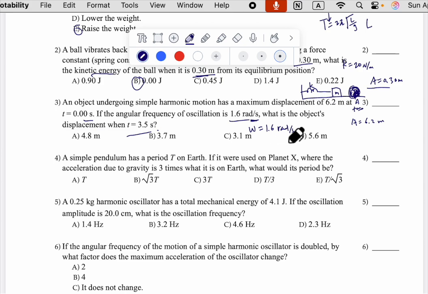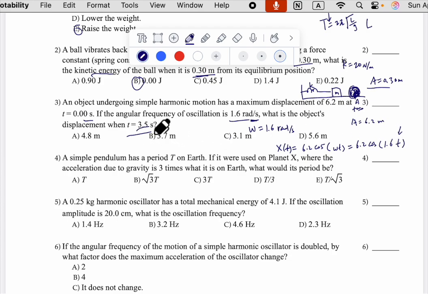Based on this condition, we can write the x-t relationship: x equals 6.2 cosine of omega t, where omega is 1.6.